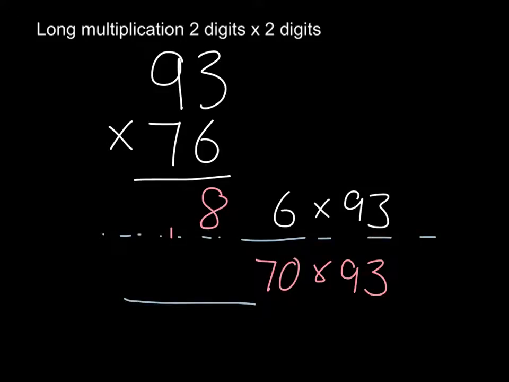So the two numbers are partitioned into 70 there and 6 there. So I've already done 6 times by 3. Now I do 6 9s, which are 54. Add the 1 is 55. So 6 times by 93 is 558.